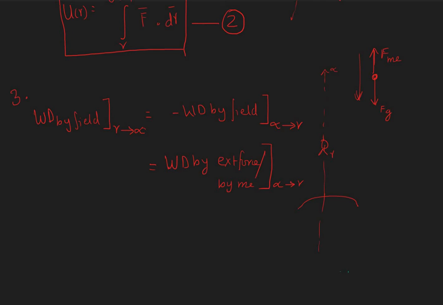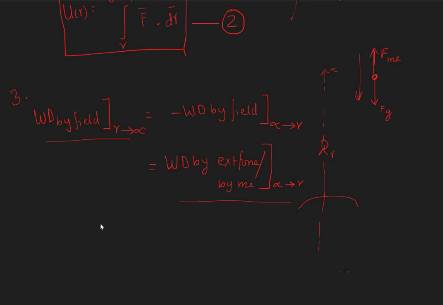So if I say the work done by external force or by me, it'll be of opposite sign to the work done by the field. So the work done by the field in moving from r to infinity is equal to the work done by me in moving from infinity to r.